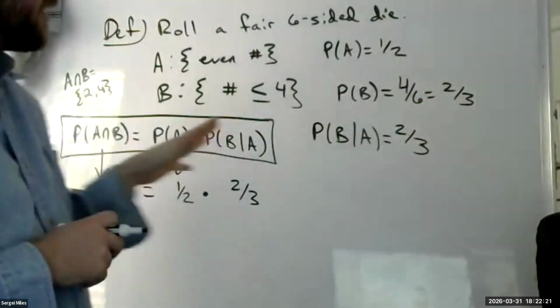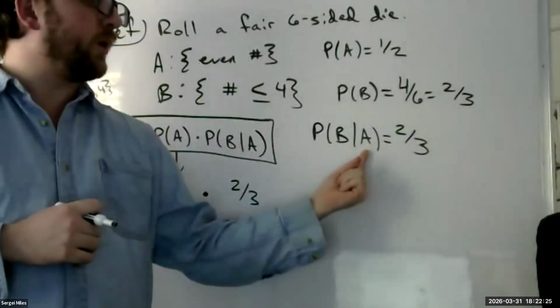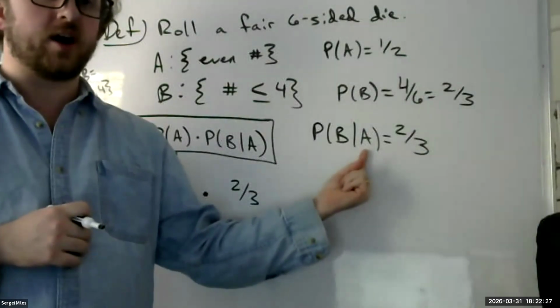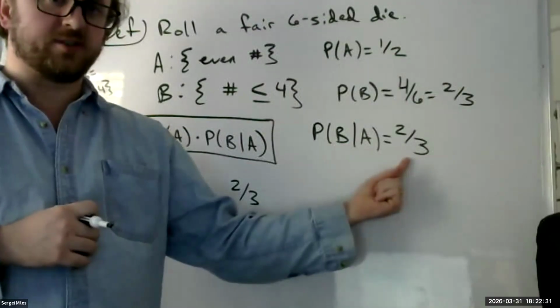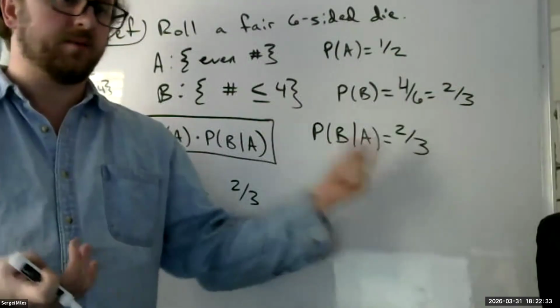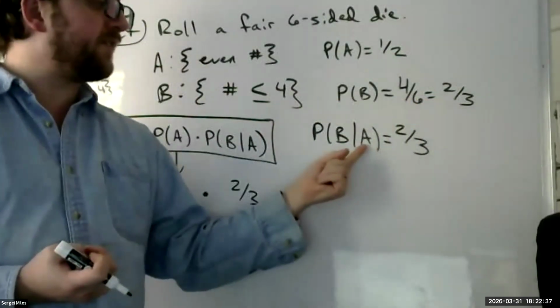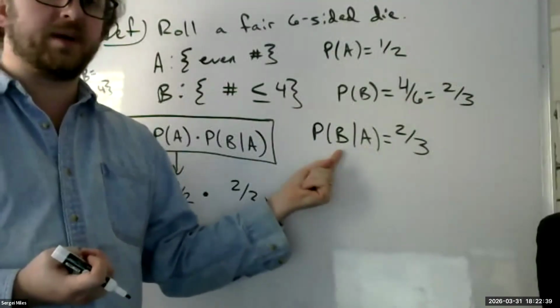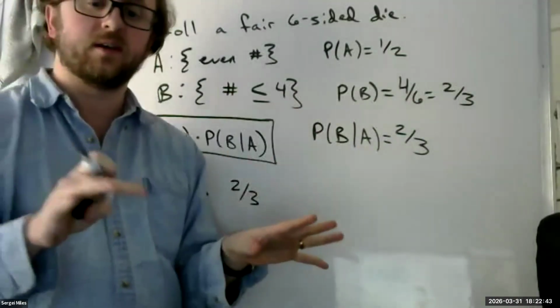So the funny business here is that this is an example where, regardless of whether A happens first or not, the probability of B was still 2/3. It didn't change anything, right? Probability of B is 2/3, and even if A happens first, the probability of B is still 2/3. It doesn't change the probability of B.